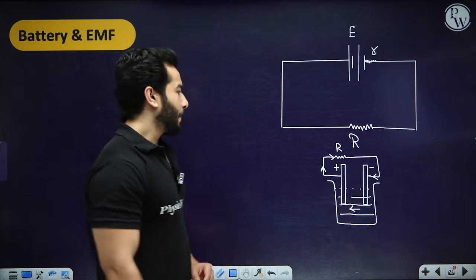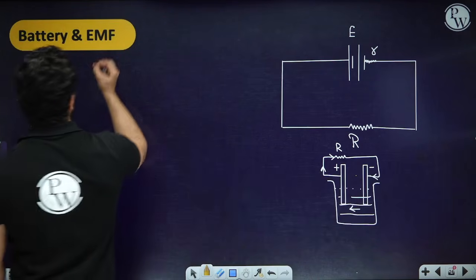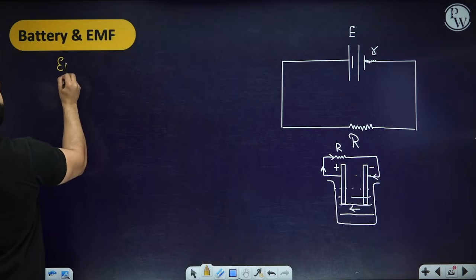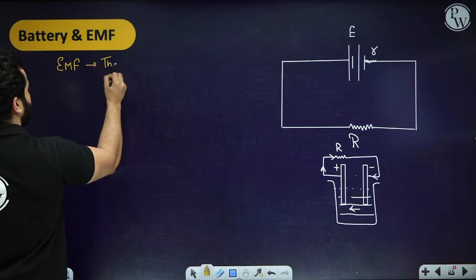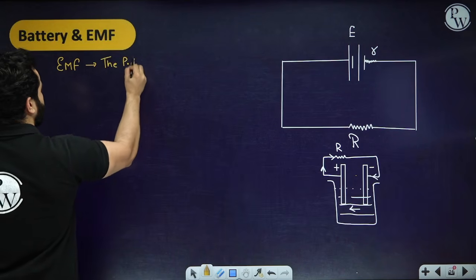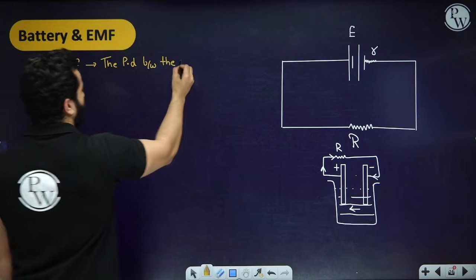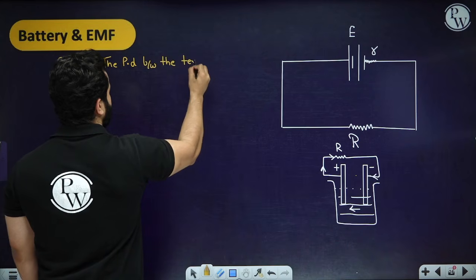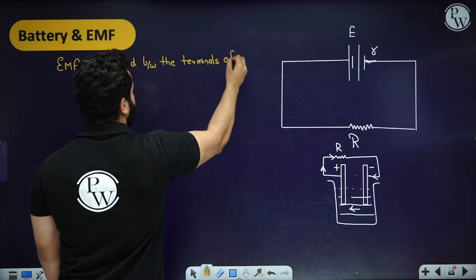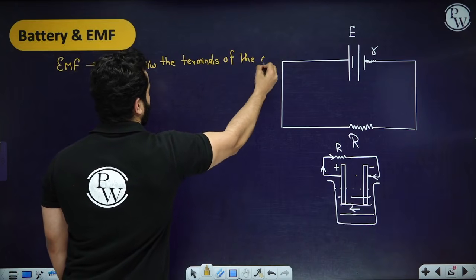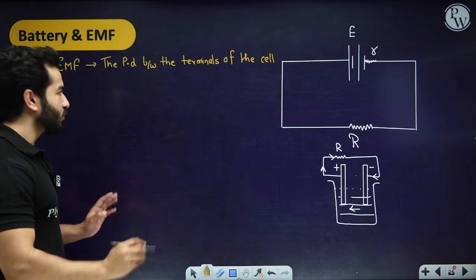Now, if you are going to define what EMF is, we are going to say that EMF is basically the potential difference between the terminals of the cell. This is one of the definitions.